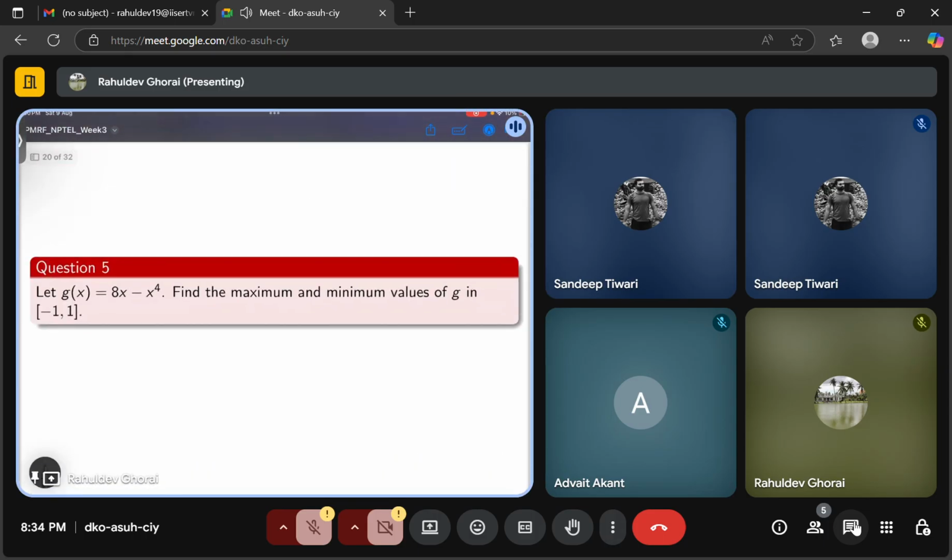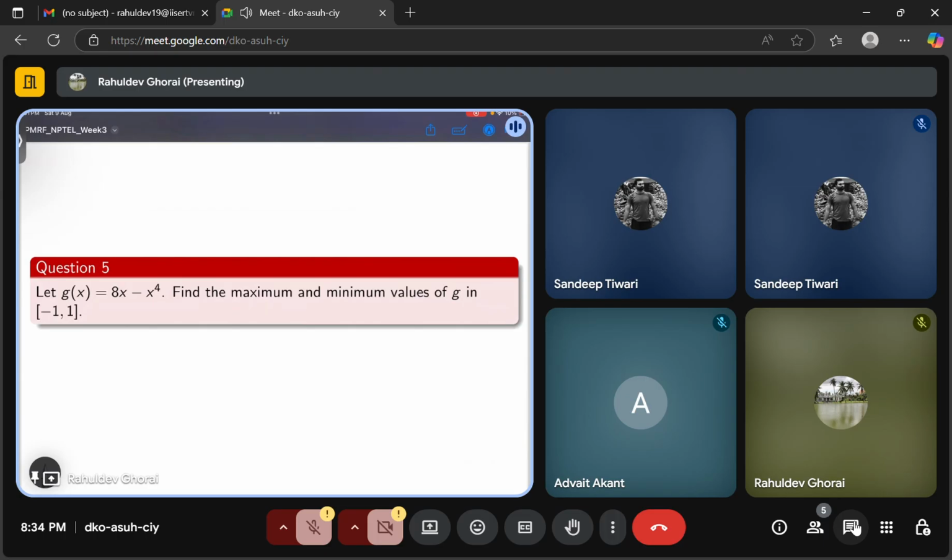So find maxima and minima maybe for this. Easy, but just for you, you know how to find maxima and minima, right? Yes, sir. Okay, tell me the answer. Otherwise I'll do it after that.